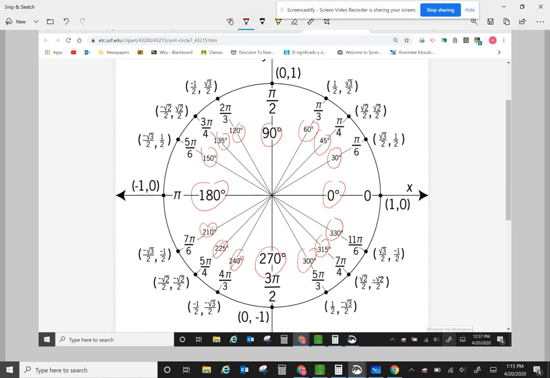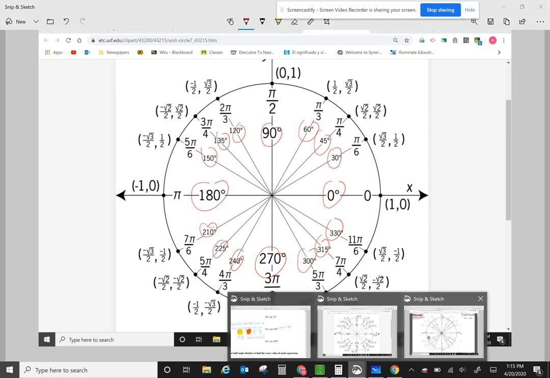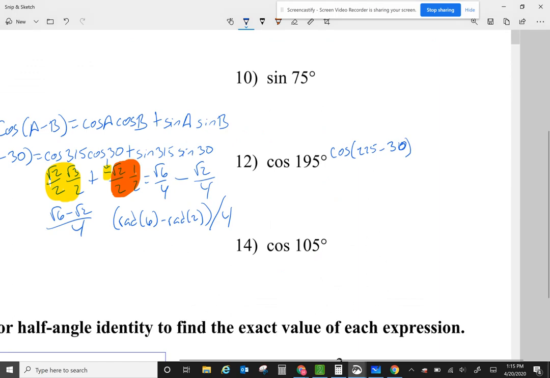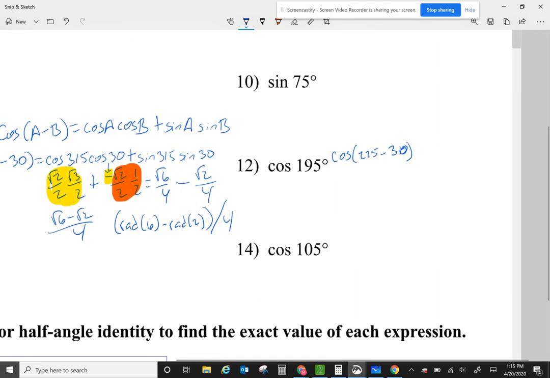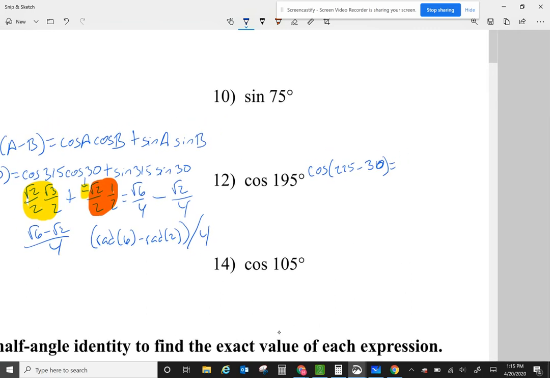I chose 225 minus 30. Notice how I have both of those angles. All right, according to my formula, I have to do cosine of A times cosine of B. So cosine of 225 times cosine of 30 plus sine of 225 times sine of 30.